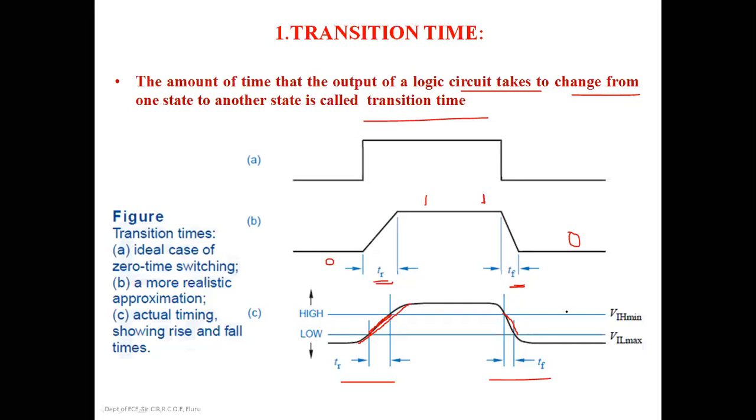Can anyone tell what the VIH minimum and the VIL maximum values are? Can anyone answer this one? Do you copy my question? For a 5 volt range, what are the values of the VIH minimum and VIL maximum? Can you answer in the chat box?